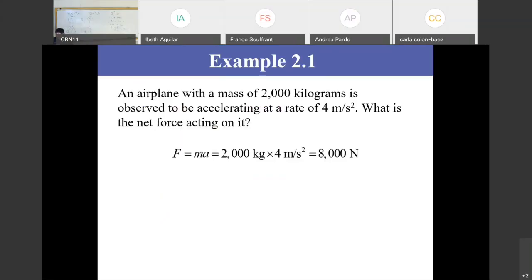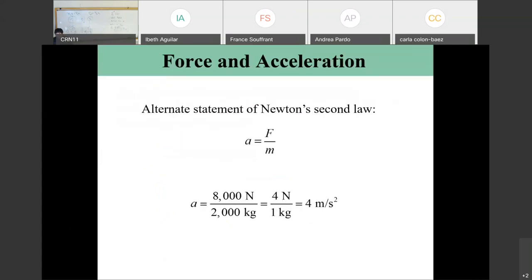And this is where we start using the equations, right? They give you an airplane with 2,000 kilograms, observed to be accelerating at 4 meters per second squared. What's the net force acting on it? Mass times acceleration, 8,000 newtons, right? That's an alternate statement for Newton's second law.